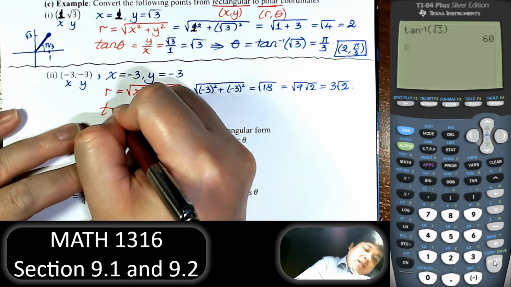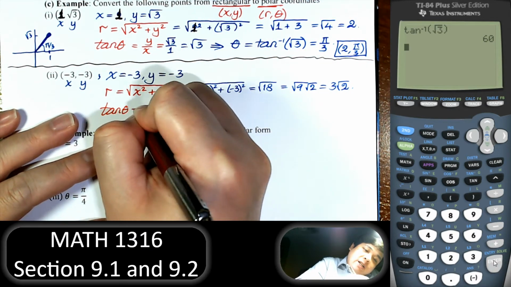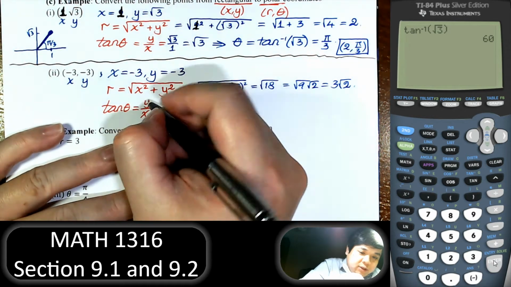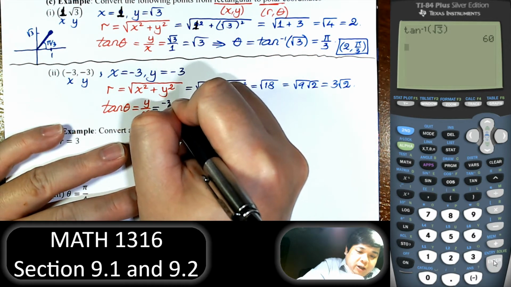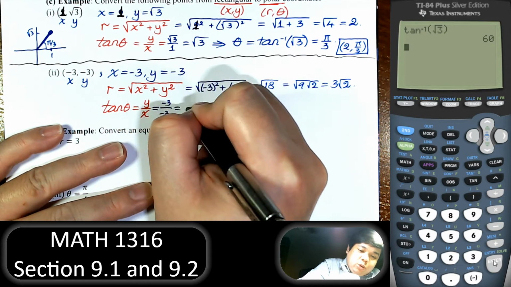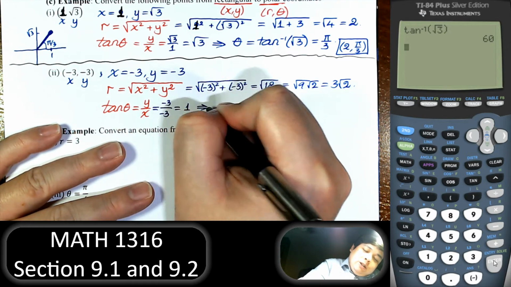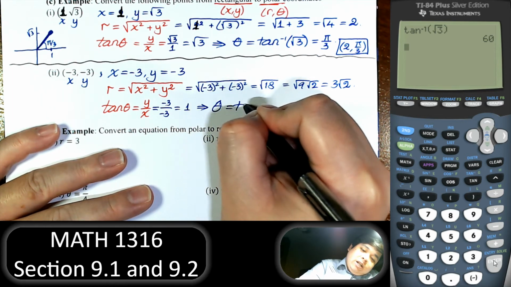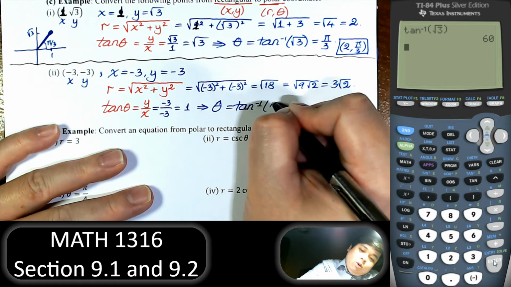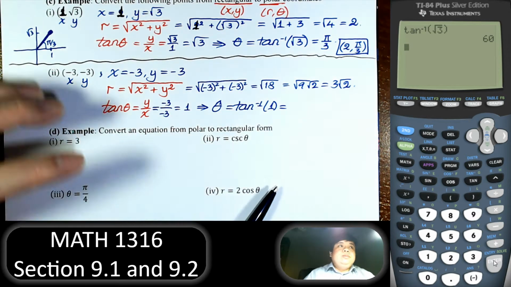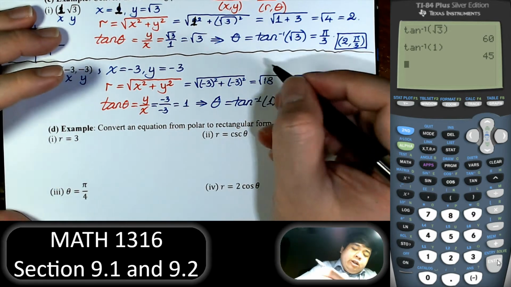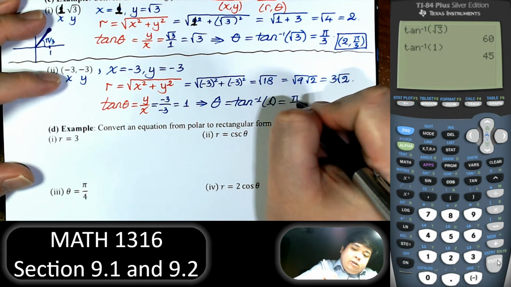Now to find theta, tangent theta is equal to y over x, which is 1. So tangent is 1. We can get back to theta, which is tangent inverse of 1, which is 45 degrees, pi over 4.